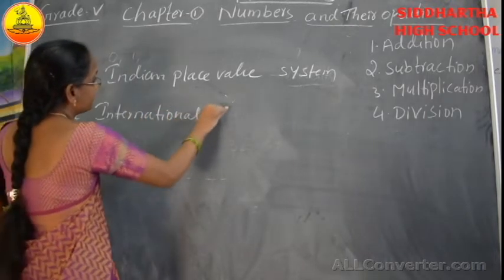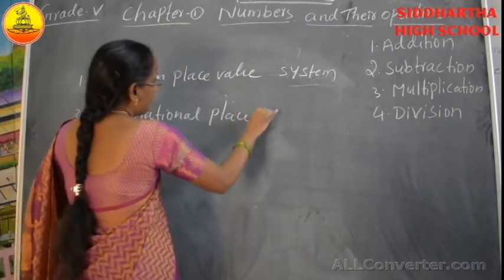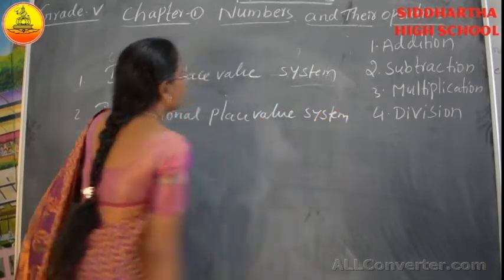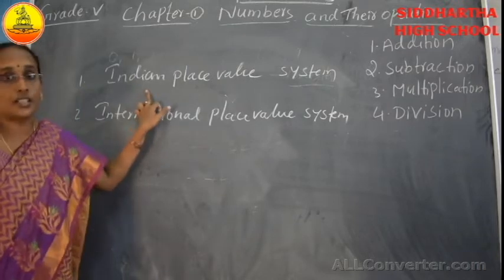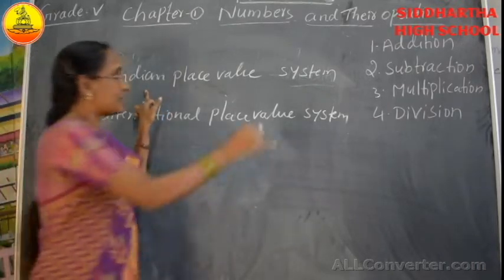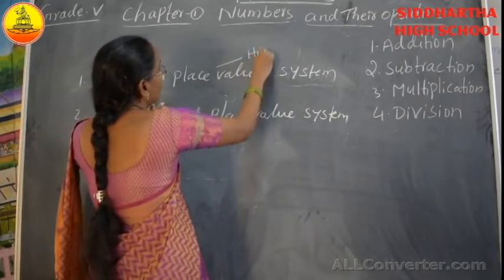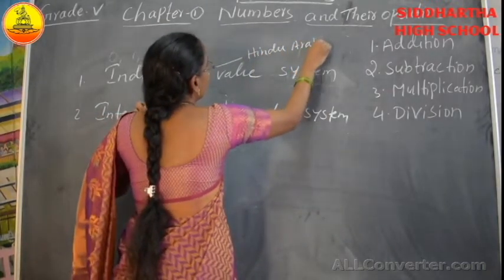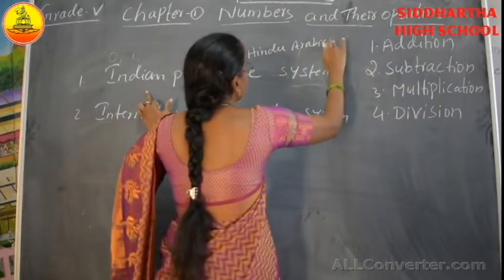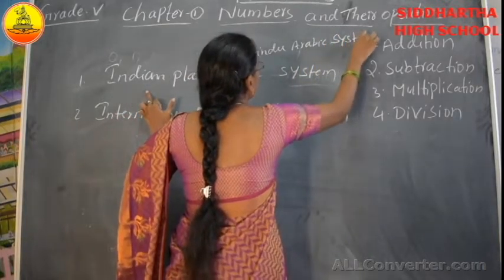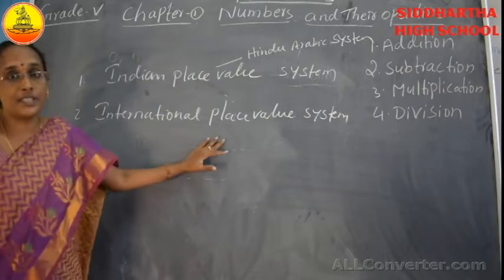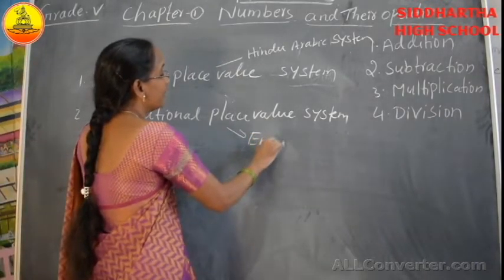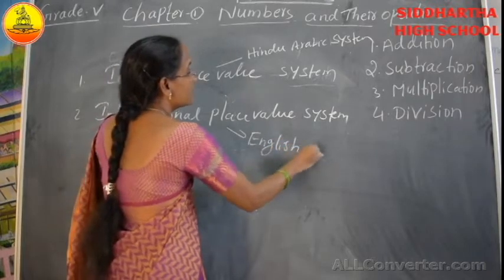Indian place value system is called Hindu-Arabic numeral system also. The international place value system is called English system also.